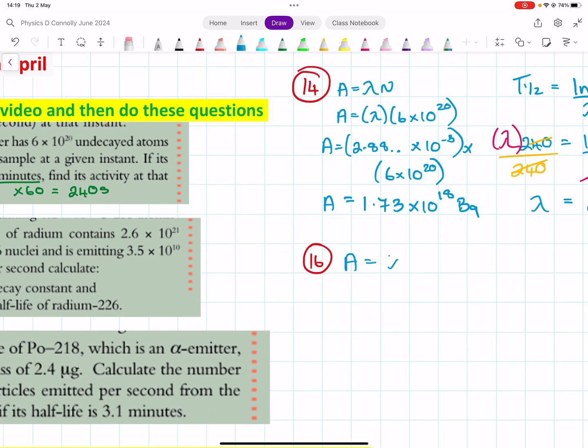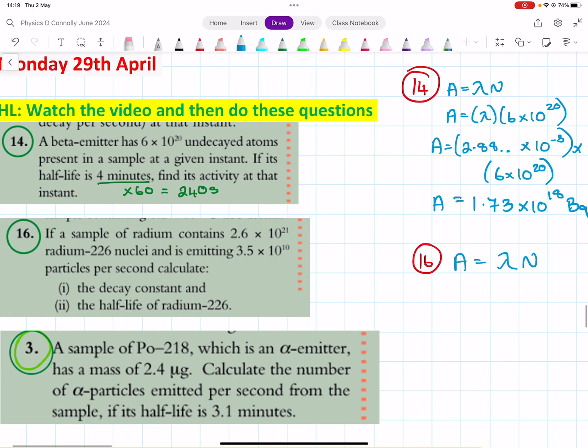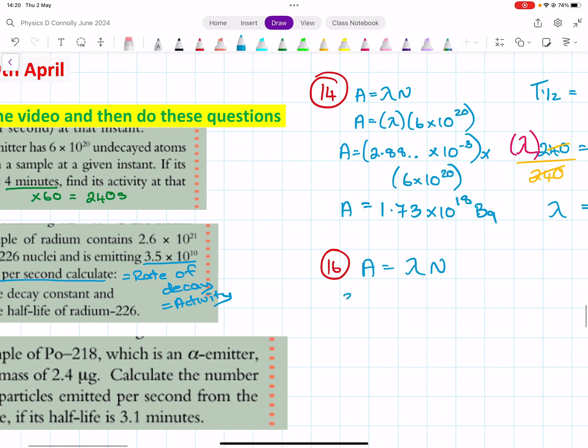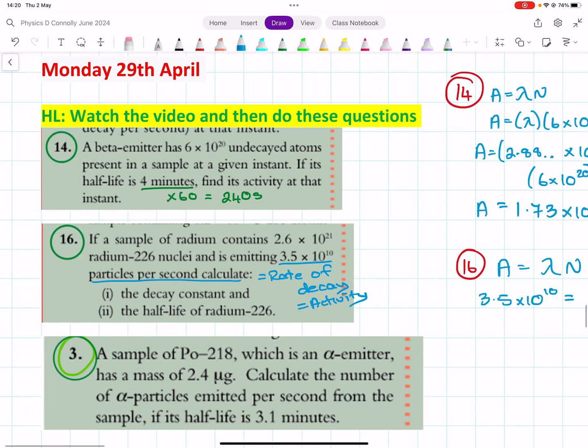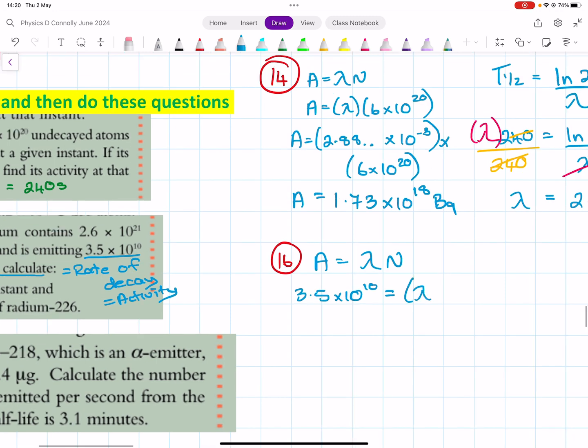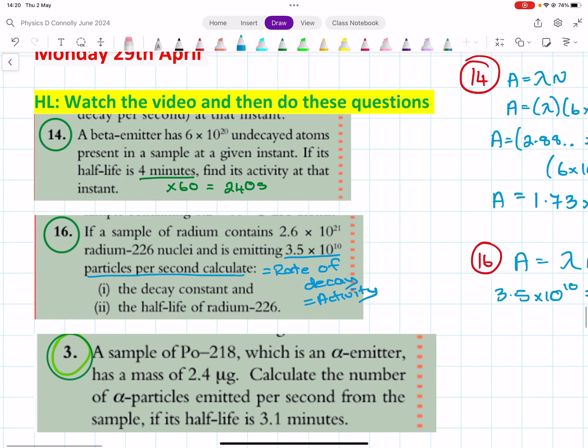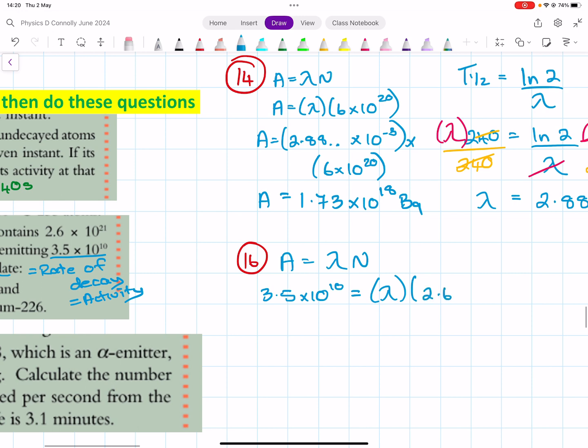Particles per second is the rate of decay, and the rate of decay is the same thing as the activity. So activity is lambda times N. That's 3.5 by 10 to the 10. Lambda we don't know, and N is the number of nuclei, which is 2.6 by 10 to the 21.